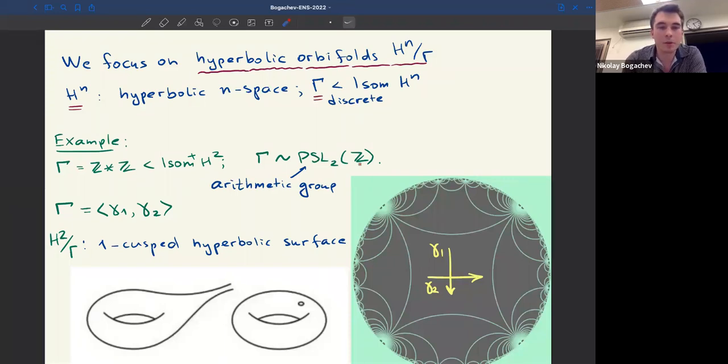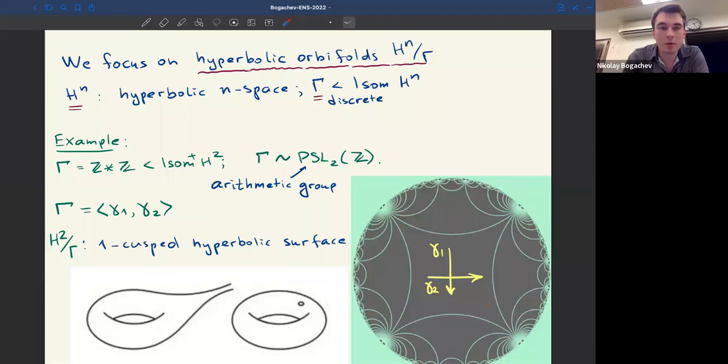Here, this group gamma is generated by two translations along geodesics, as we see in the picture, and the corresponding fundamental ideal quadrilateral, after identifying its opposite sides, gives us a one-cusp hyperbolic surface, which is a torus, one punctured torus.